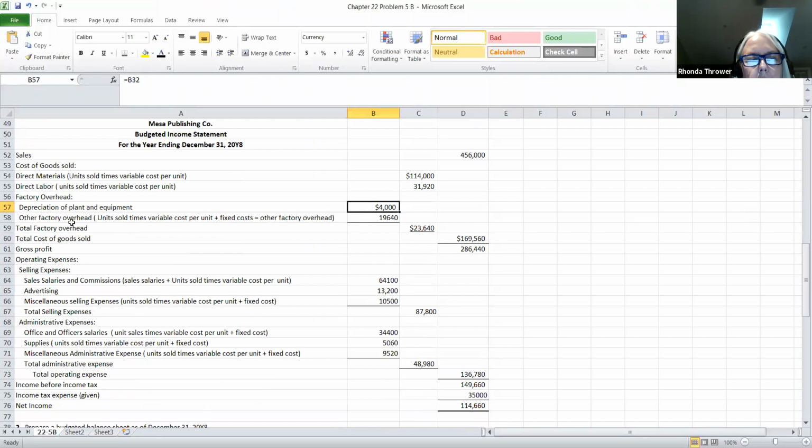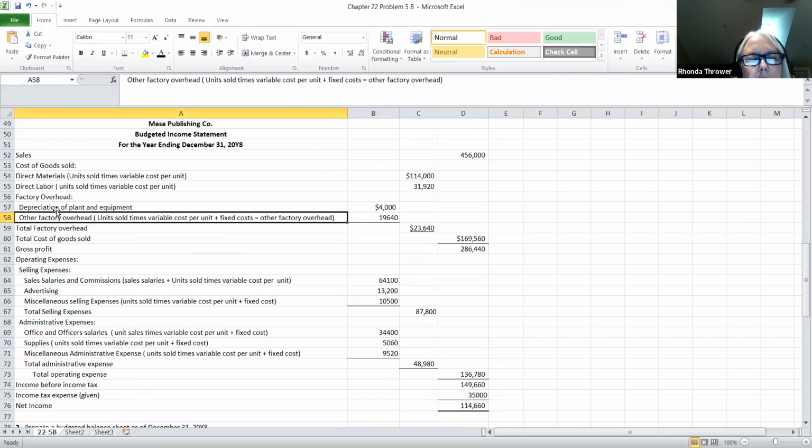Other factory overhead is a separate account that they're using that's also a part of factory overhead. Units sold times the variable cost per unit plus the fixed cost equals the other factory overhead. So the units sold are 3,800 units for this company.